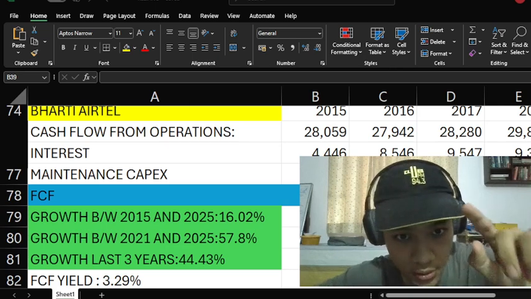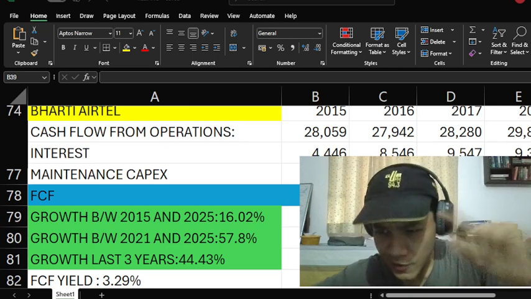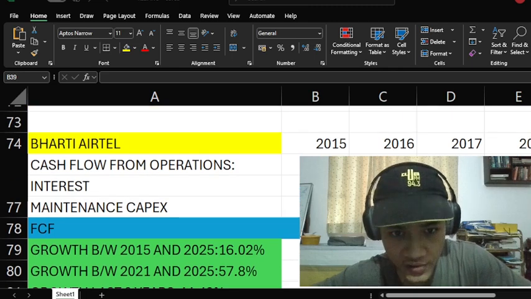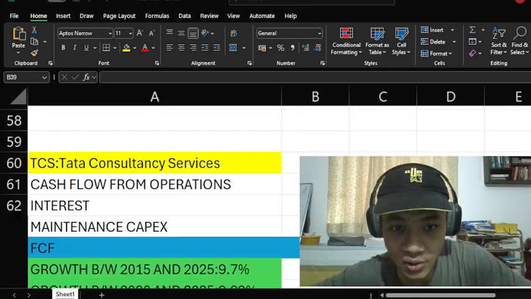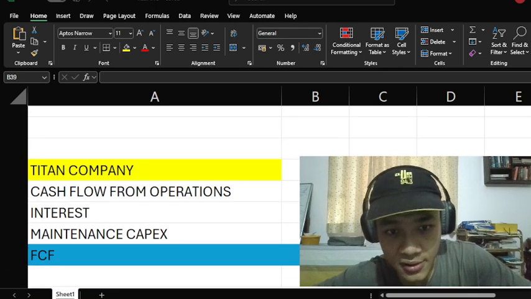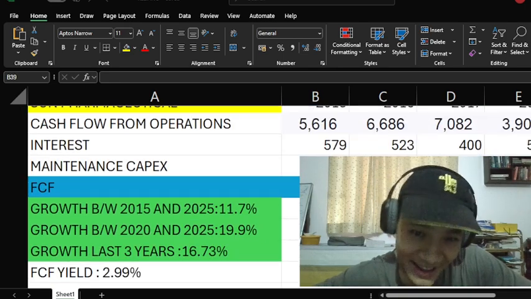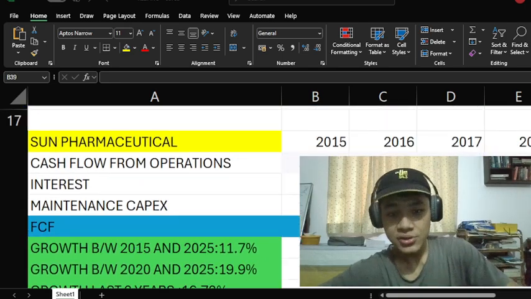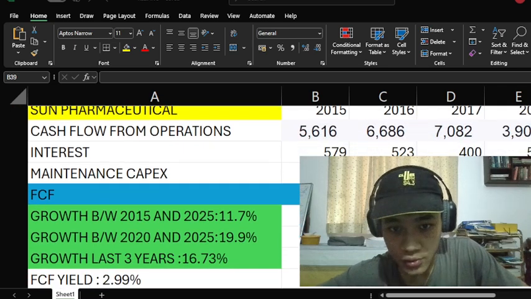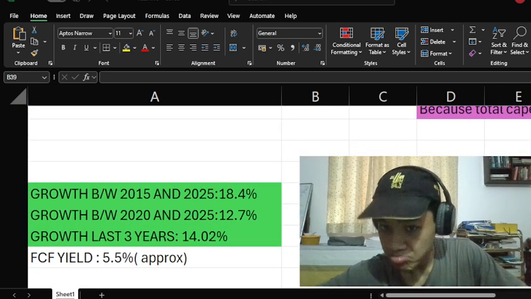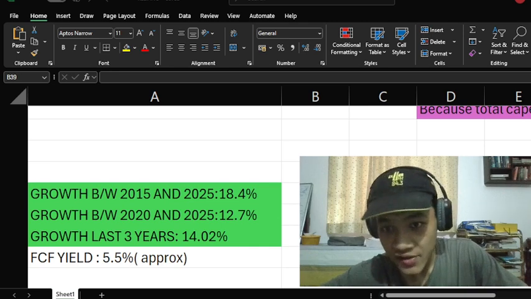In terms of growth, Bharti Airtel, I think, is the second best contender. TCS is all right. Titan is okay. Trent, oh, let's not talk about it. Sun Pharmaceutical is pretty nice, actually, overall speaking. And Reliance, surprising growth, surprisingly very nice yield.